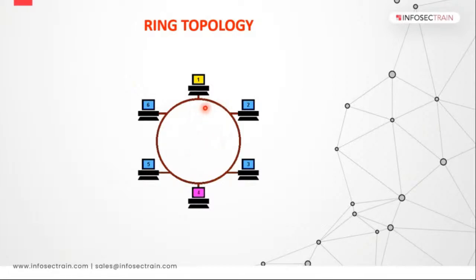So the token is going around in this topology every time, right? Now, any device that has some data to send will stop the token and fill that token with the data, right? So there was a token flowing and that token was stopped by PC1.